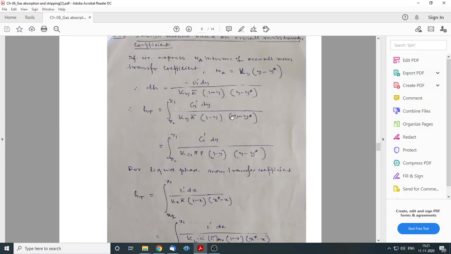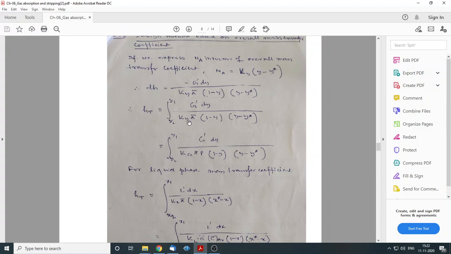Let's say I want to use this equation, ky a (1 minus y). Then I have to use this driving force and capital Ky. So whatever data is given to you, kx, small kx, ky, kg, accordingly you have to do that conversion, which we have discussed in detail in chapters 3 and 4.